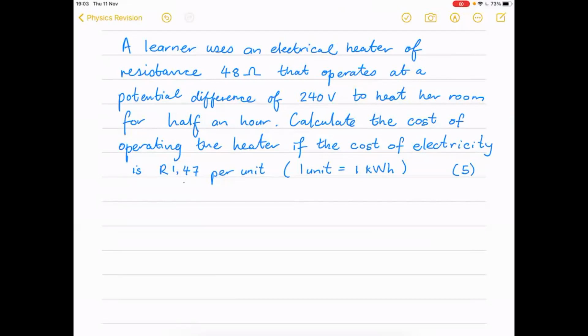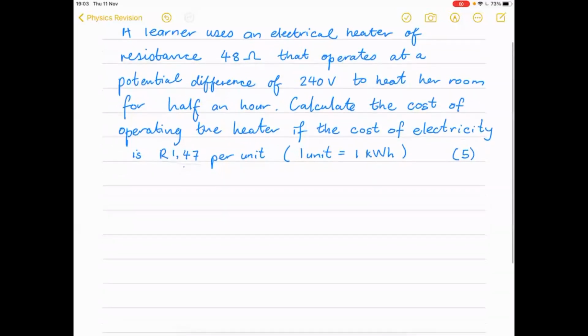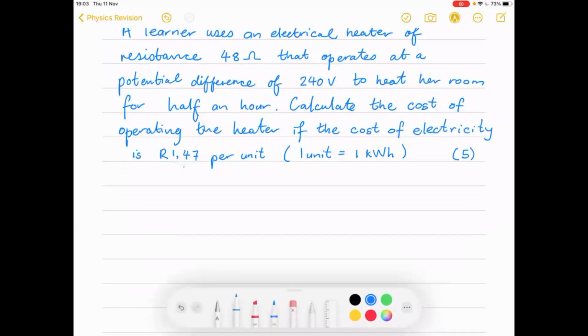Okay, so once you've read the question, you know what they're asking us for. They want us to find out how much it is going to cost to keep the heater on for half an hour. And one unit is 1 kilowatt hour. So let's just start by writing down, and I'll change my pen to red.